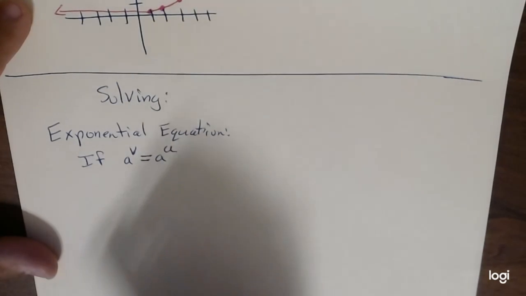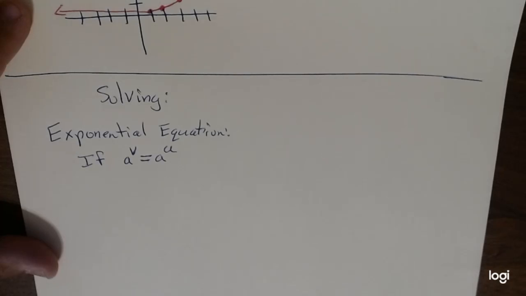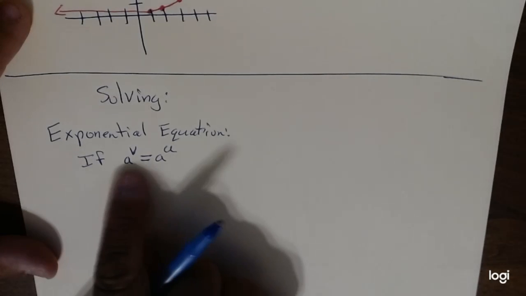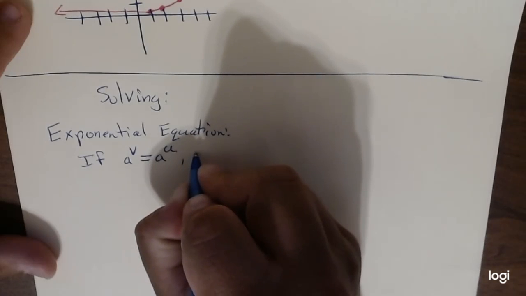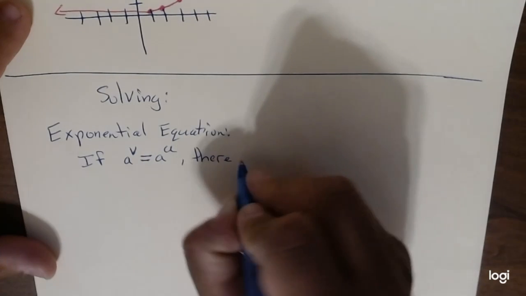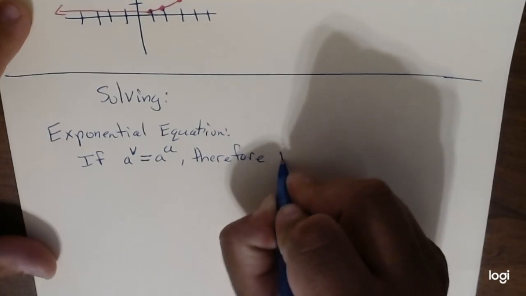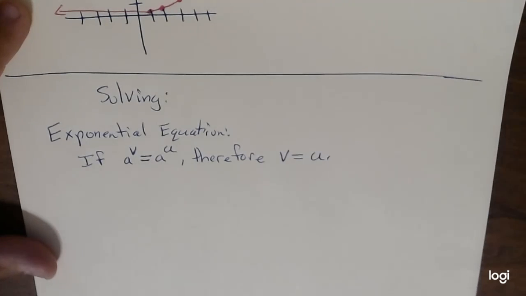So let's suppose we have a to the v is equal to a to the u. So the bases are the same numbers. Therefore, the exponents are also equal to each other.